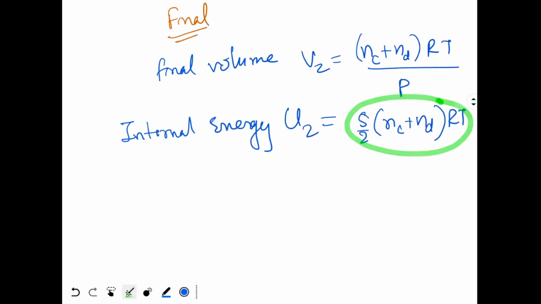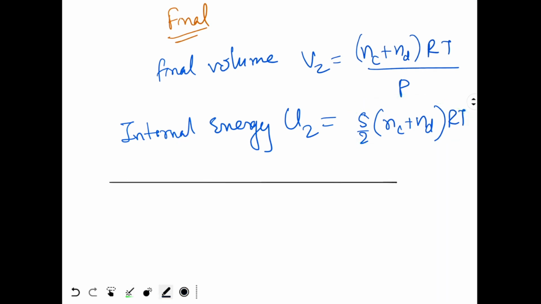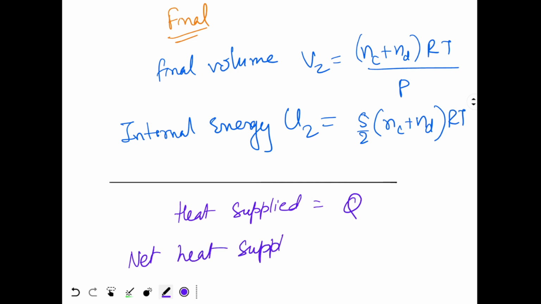Now let's look at the heat supplied. So heat supplied is how much? Heat supplied is Q. Net heat supplied is how much? Q minus heat used to sublimate dry ice into gaseous CO2.